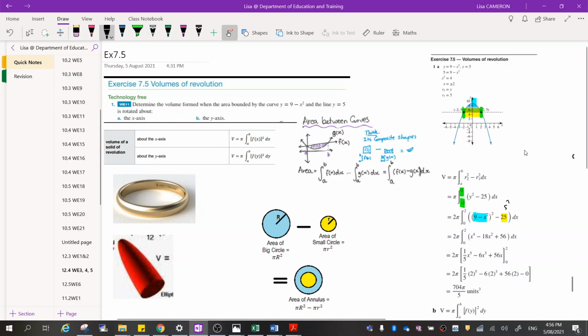Your other option is, in your calculator, you can do pi multiplied by the integral from -2 to 2 of (9 minus x squared) squared minus 5 squared, with respect to x. It gives you exactly the same answer. This is something that you need to know how to do tech-free though.